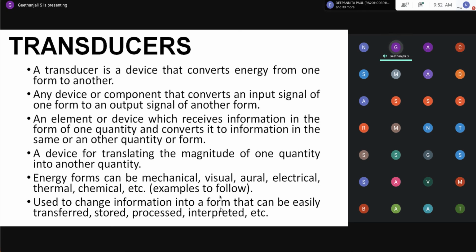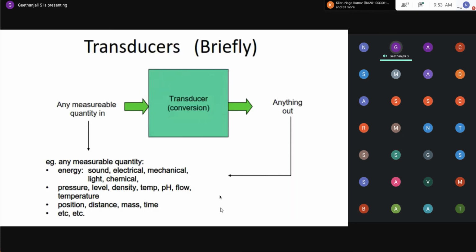A transducer is used to change information into a form that can be easily transferred, stored, processed, interpreted, etc. Under these categories alone we can use transducers, which convert one form of energy to another form.